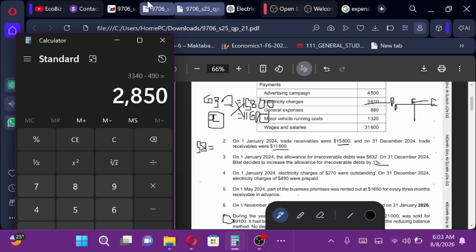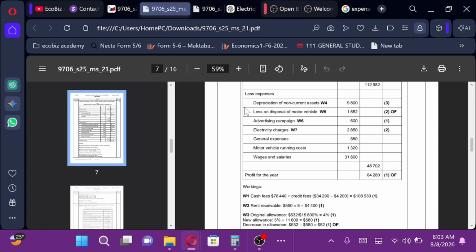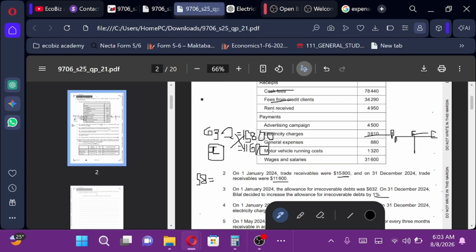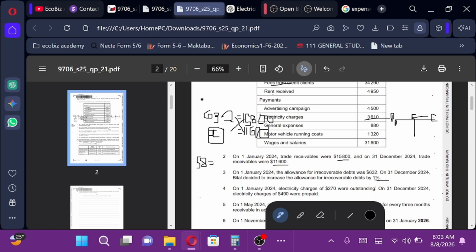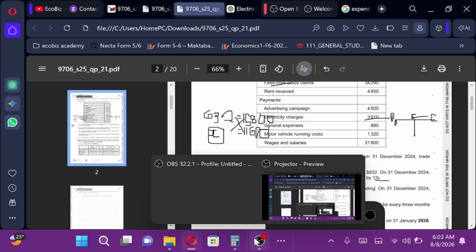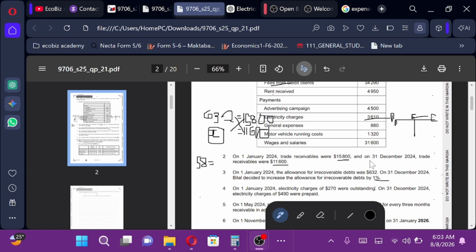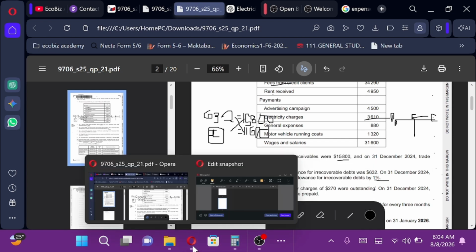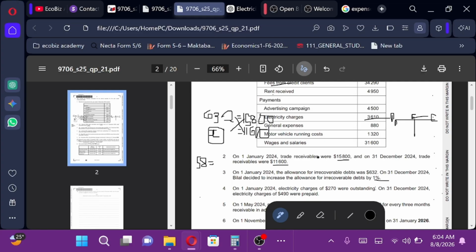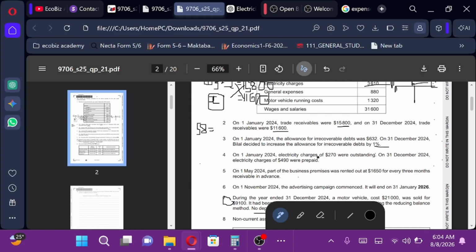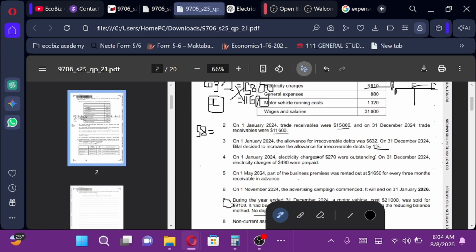Okay, so let's continue. Let's just double check the answers. Correct, this amount. Okay, now let's look at the other amounts. Now, when we look here, general expenses, just a minute. Okay, guys, so when we're looking at general expenses, we'll look in the additional information just to see if there's any other transactions that happened that was not recorded in the main accounts.